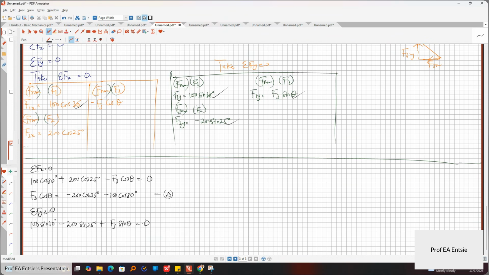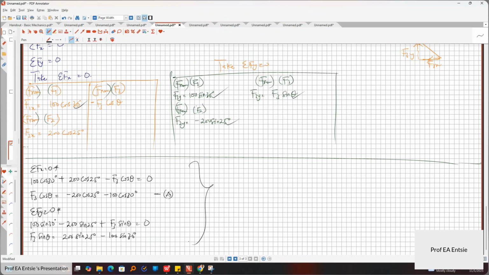This should also be equal to 0 according to this preamble here. Alright, so if you arrange and make F3 sine theta the subject, you get 200 sine 25 degrees minus 100 sine 30.